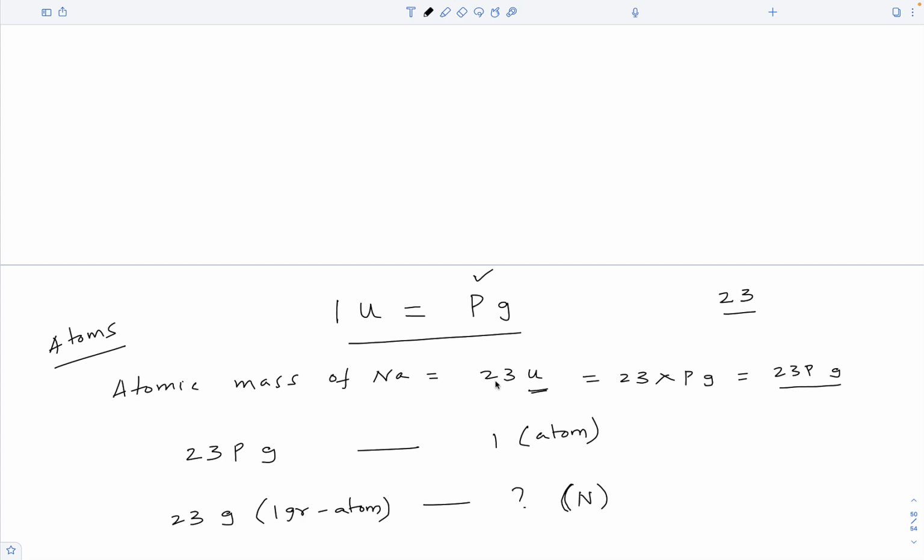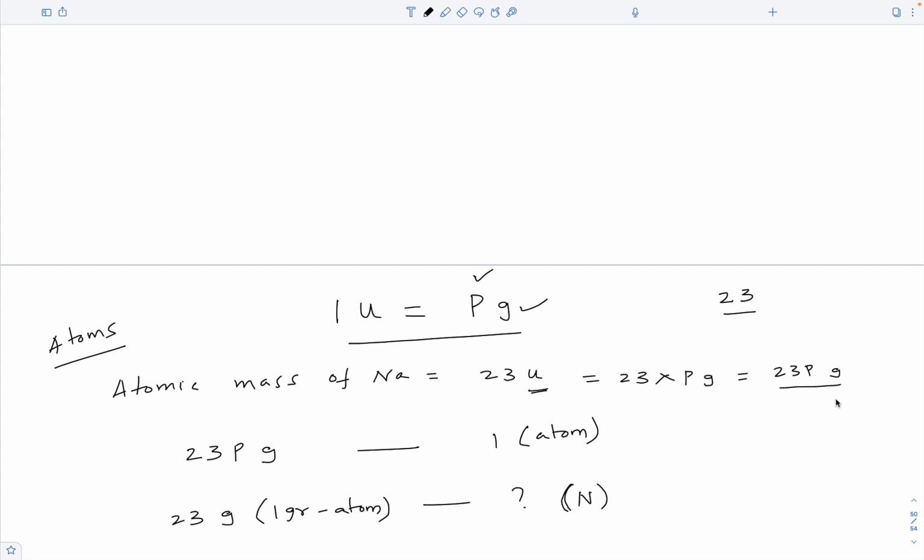So atomic mass of sodium is 23 U, and if you want to express it in grams, replace U with P grams, because we said 1 U is equal to P grams. So mass of one sodium atom is equal to 23 P grams.